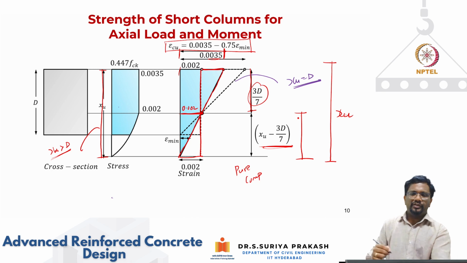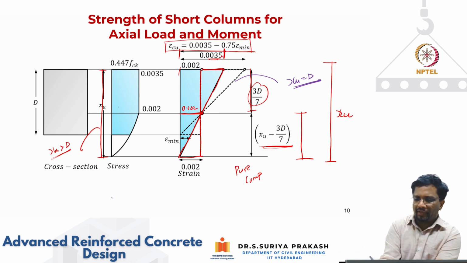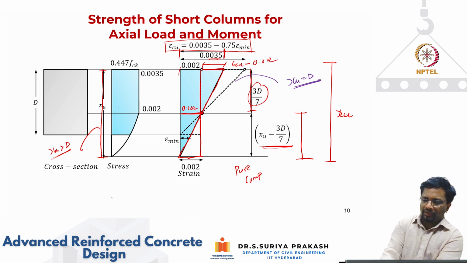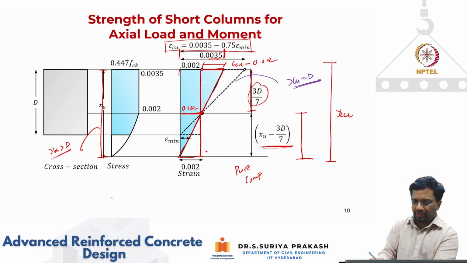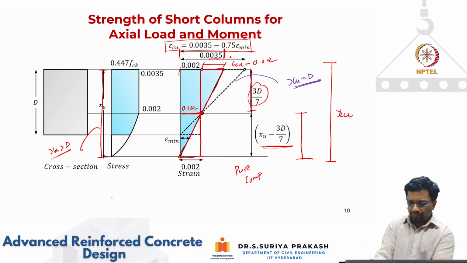Now, if I take this as your epsilon cu, then this distance is going to be epsilon cu minus 0.002, right? And this strain is also going to be 0.002.